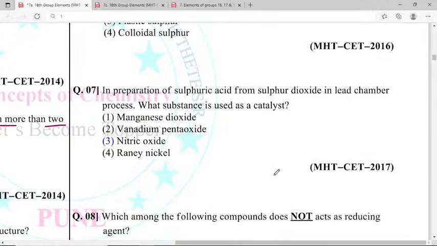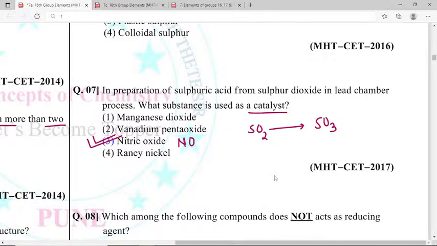In preparation of sulfuric acid from sulfur dioxide in lead chamber process, which substance is used as catalyst? Nitric oxide, NO, is the catalyst used to convert the sulfur dioxide into sulfur trioxide.